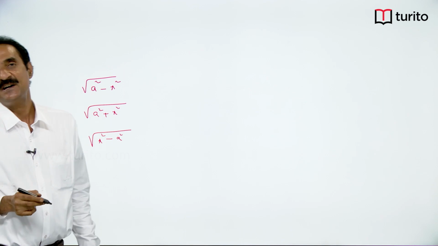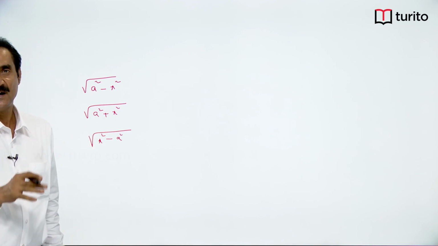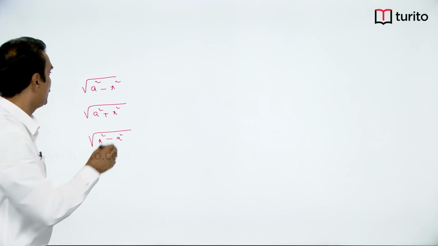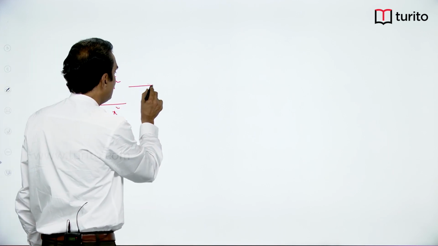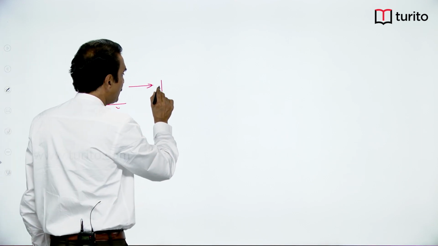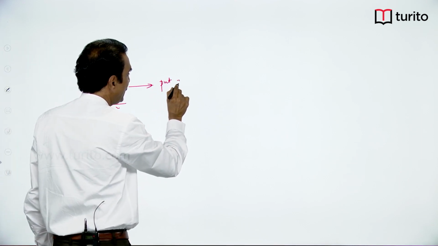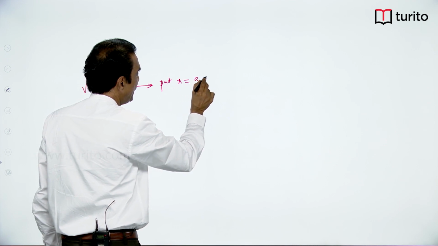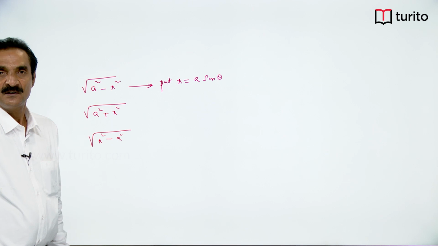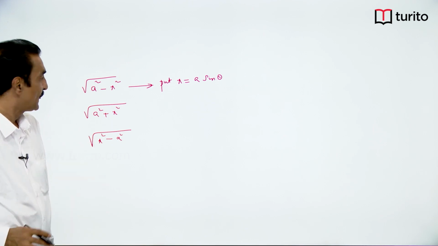If you see this kind of terms in the integrands, a standard trigonometric substitution will work. For this kind of terms, we substitute x is equal to a sin theta. You remember the substitutions, please copy.